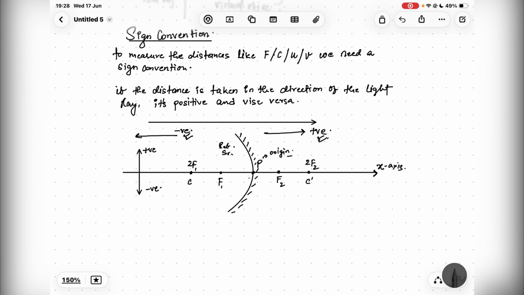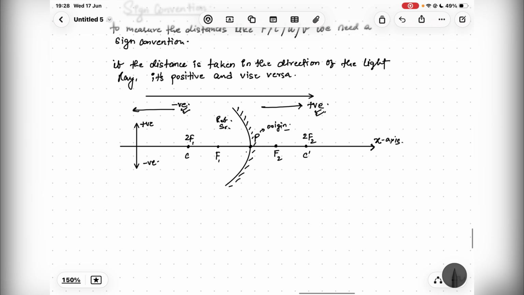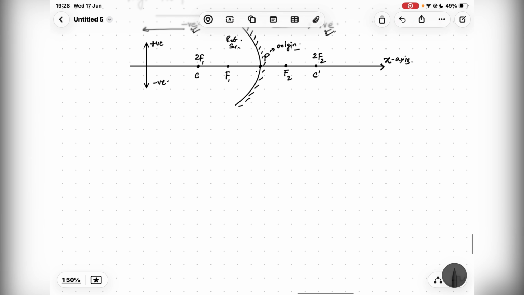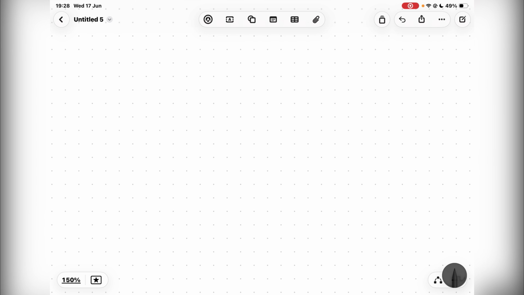So this is all about sign convention. Now let's compare some distances by drawing some image tracings.